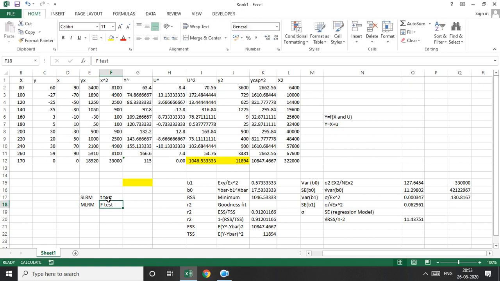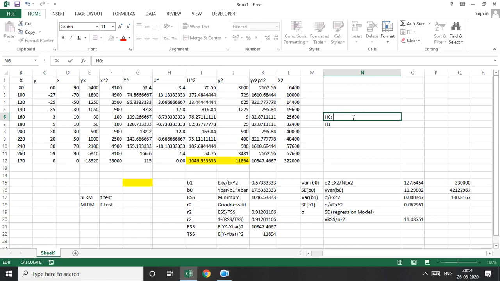In SLRM, the simple regression model, the t-test and F-test will give you the same answer. So we have to test the individual significance of each slope coefficient. For that, first we have to create H0 and H1.